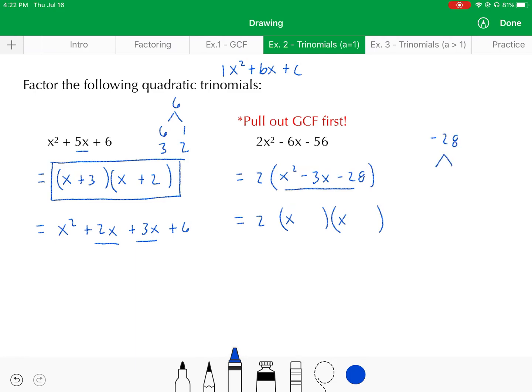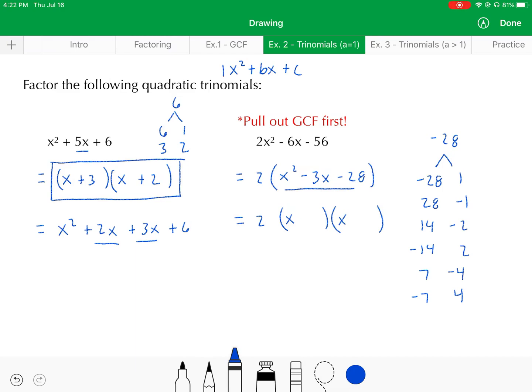Negative 28 could be the product of negative 28 and 1, or 28 and negative 1. Could be 14 and negative 2, negative 14 and positive 2, 7 and negative 4, negative 7 and positive 4. Which pair is going to work is simply going to be dependent on outside and inside parts of FOIL being able to lead you back to negative 3x.